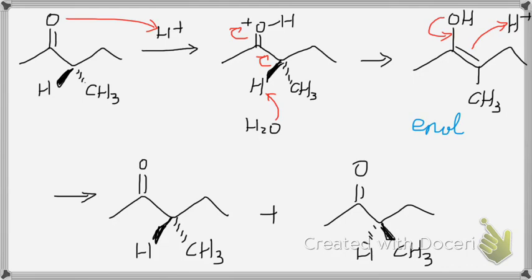The proton could be added either from the top or from the bottom face of that double bond, giving a pair of enantiomers. So that's the racemization on the alpha carbon. And this is the mechanism under acidic condition.